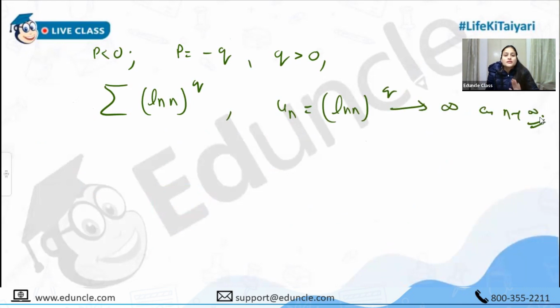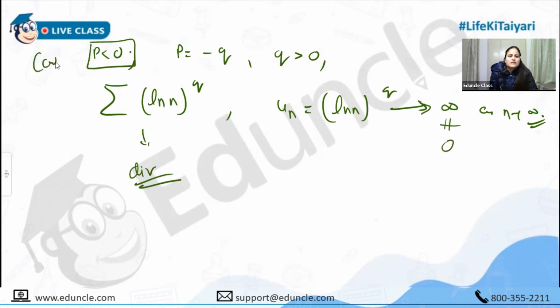So if the nth term limit is not equal to 0, the series is not convergent. And your series is a positive term series. So that's why your series is divergent. So when p is less than 0, then also your series is divergent.